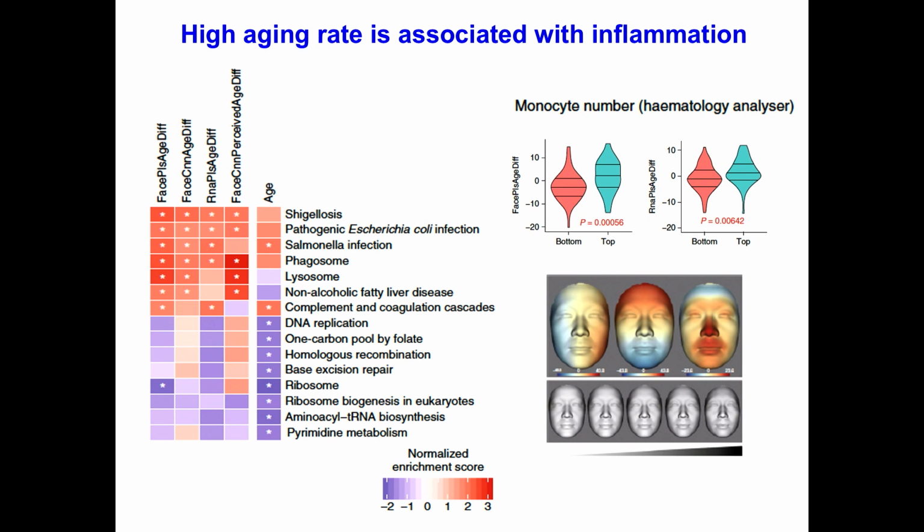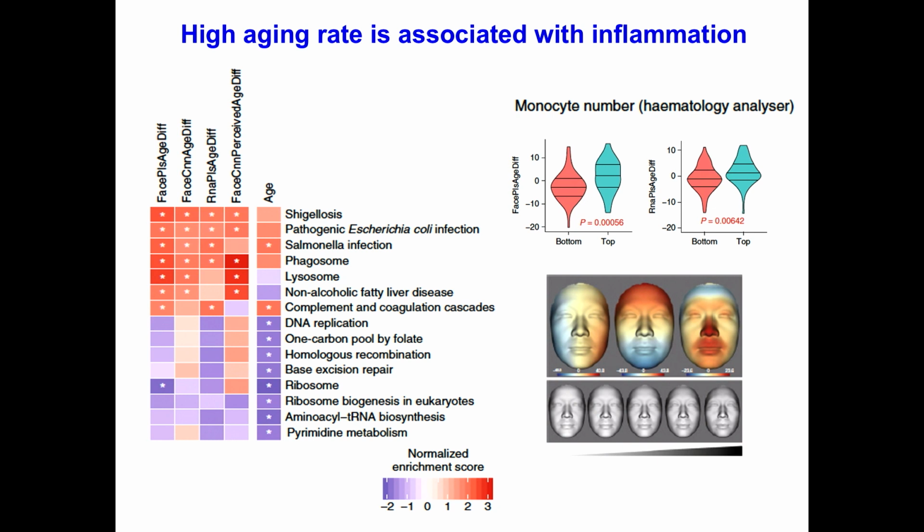For this cohort, we not only have the facial clock age diff, but also this blood age diff. For any of these clocks, the most significant association with the transcriptome data is actually infection and inflammation. Inflammation is particularly shown here.